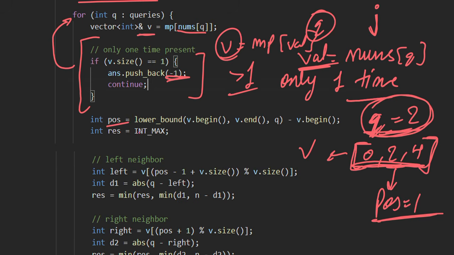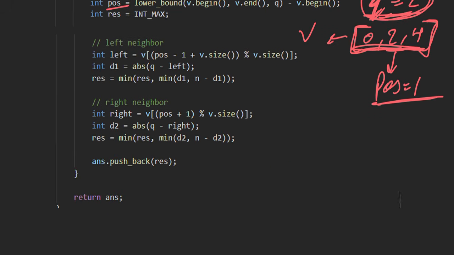So after getting the position, we find the left neighbor. So what will be the left neighbor? Suppose we have 2, 4 and 6, and our q is equal to 2. So the neighbors will be 4 and 6.